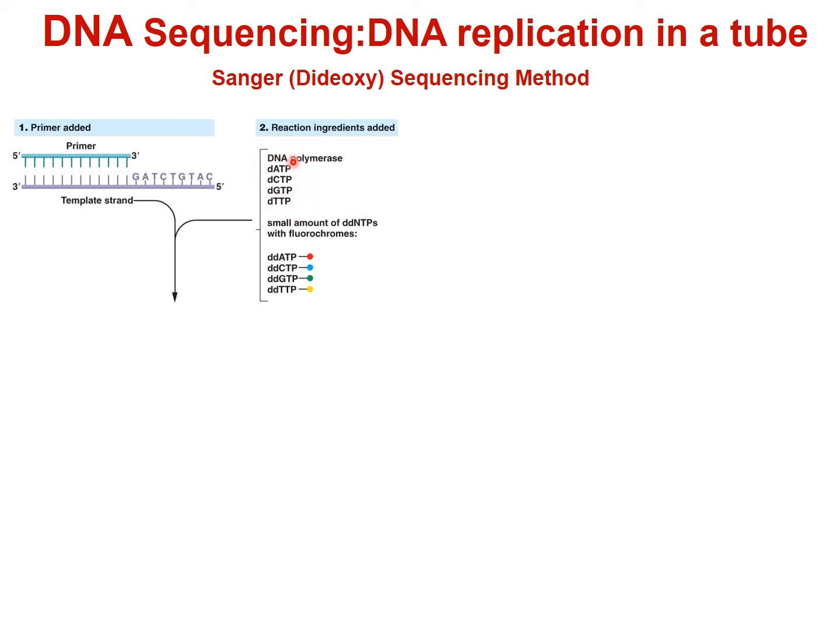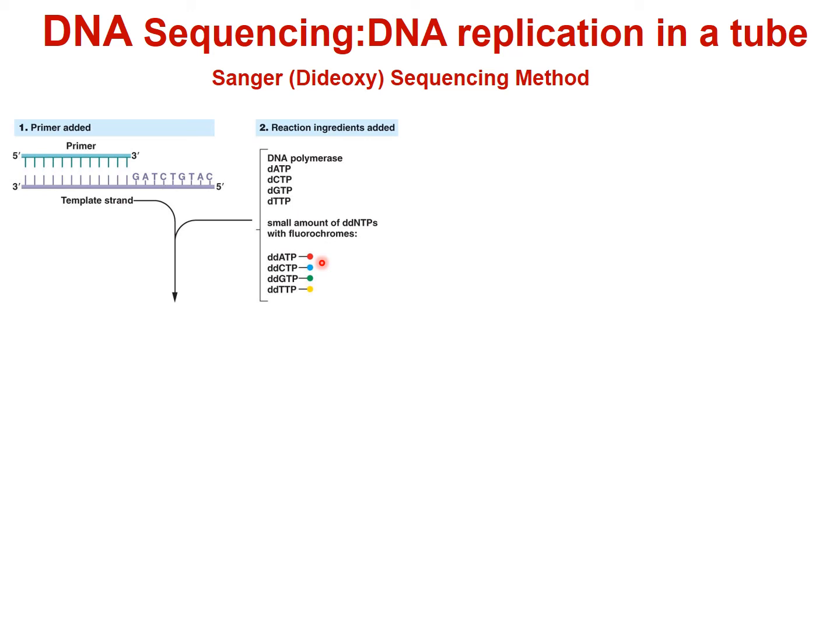Now the DNA polymerase also needs the deoxynucleotide triphosphates, so we're going to provide those. But we're going to provide something additional that will allow us to determine the sequence of this strand. And what those are is nucleotides, but now they are called dideoxynucleotide triphosphates. And we'll have 1 for each of the nucleotides that we're used to.